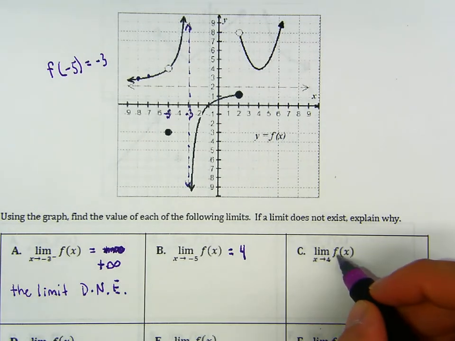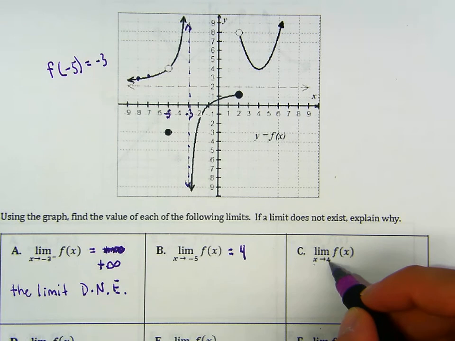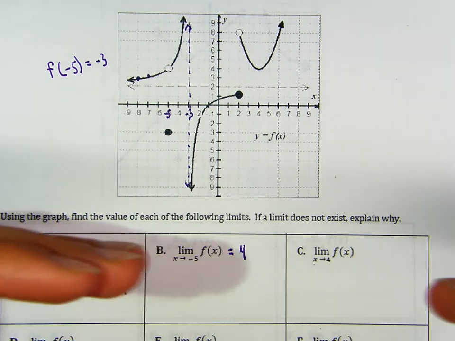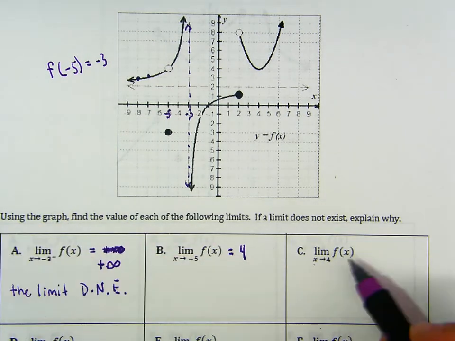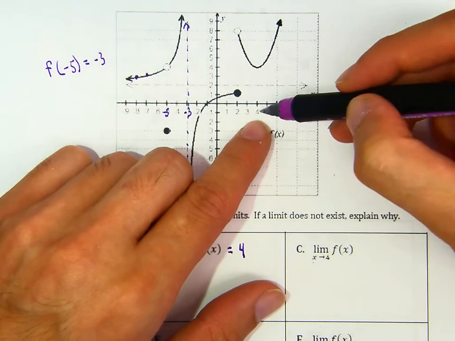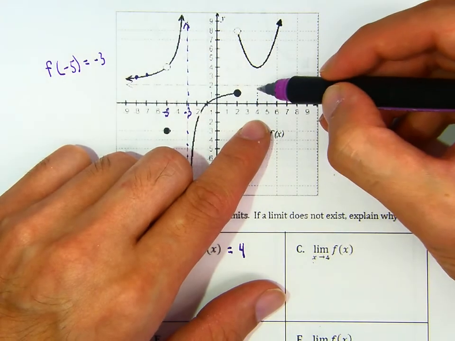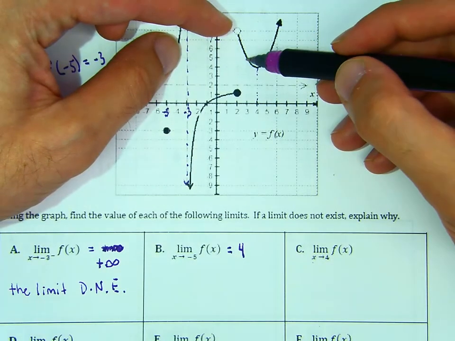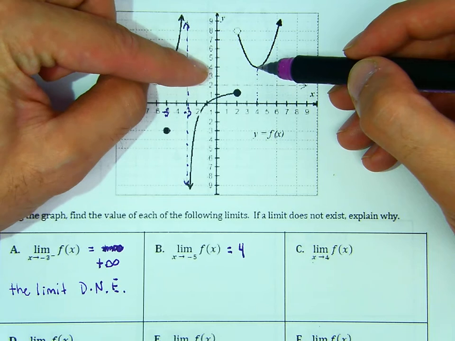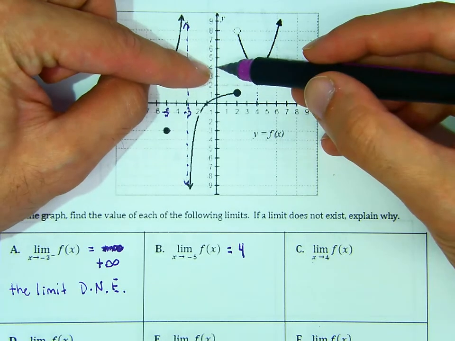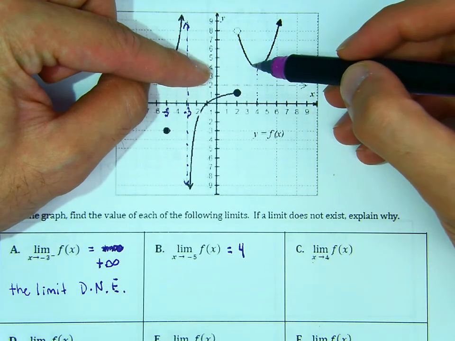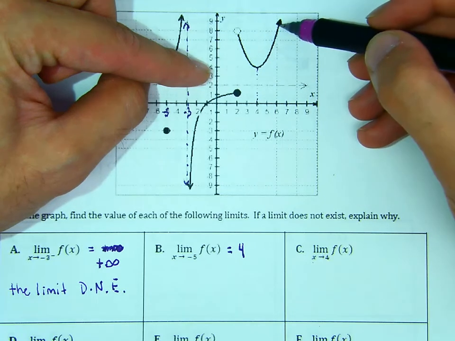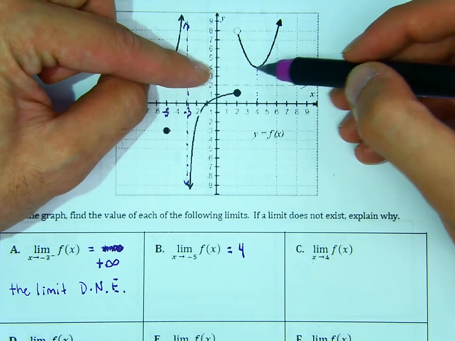The limit of f of x as x approaches 4. Notice that we have to check it from both sides, from the left and from the right. So notice, where is x equals 4? It's right here. Notice from the left, what y value is it getting close to? It looks like it's getting close to 4. You see how it's approaching 4 from the left, and it's also approaching 4 from the right.